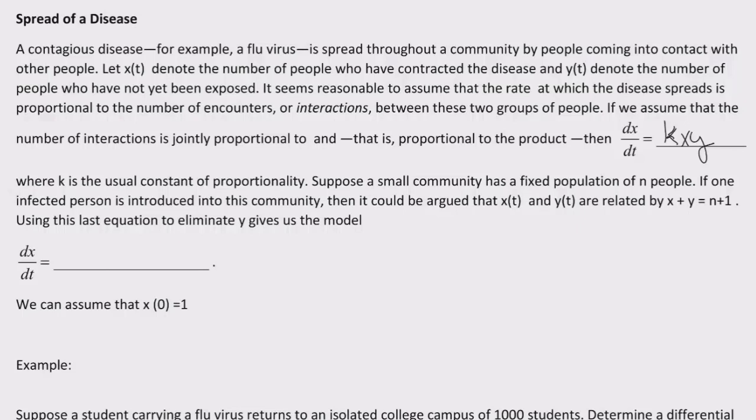If one infected person is introduced into this community, then x of t and y of t are related by this relationship here: the people who have the disease and the people who don't have the disease add up to n plus 1. So using this equation to eliminate y, we get the model dx/dt equals k x times (n plus 1 minus x).